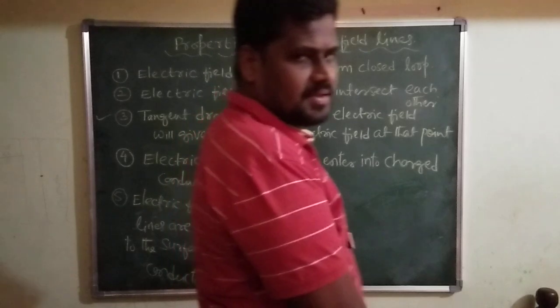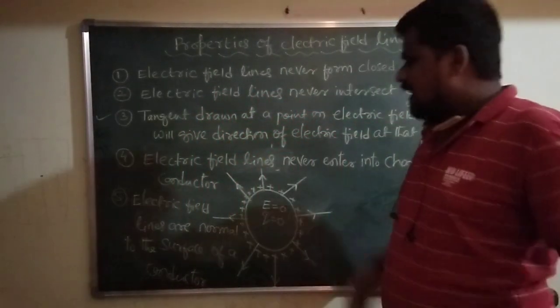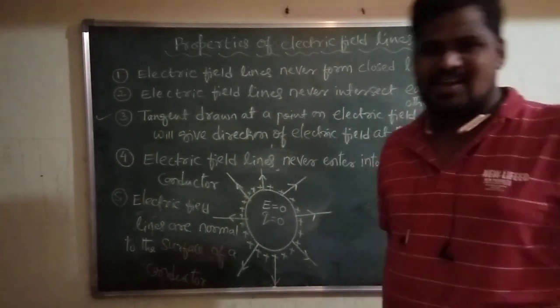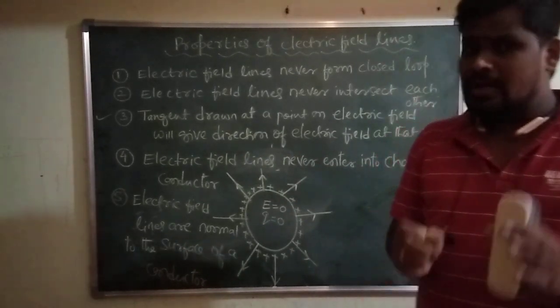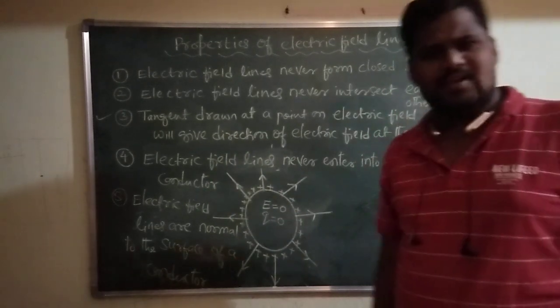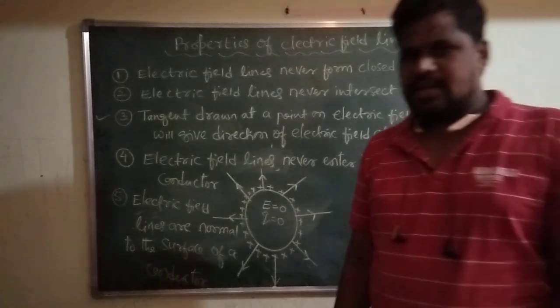maximum marks they can ask is 5. When they are asking a 5 mark question for the theory examination, 5 properties are enough. As far as examination is concerned, you can concentrate on the important 5 properties of what? Electric field lines. Of course, I am going to explain a few more properties of electric field lines.